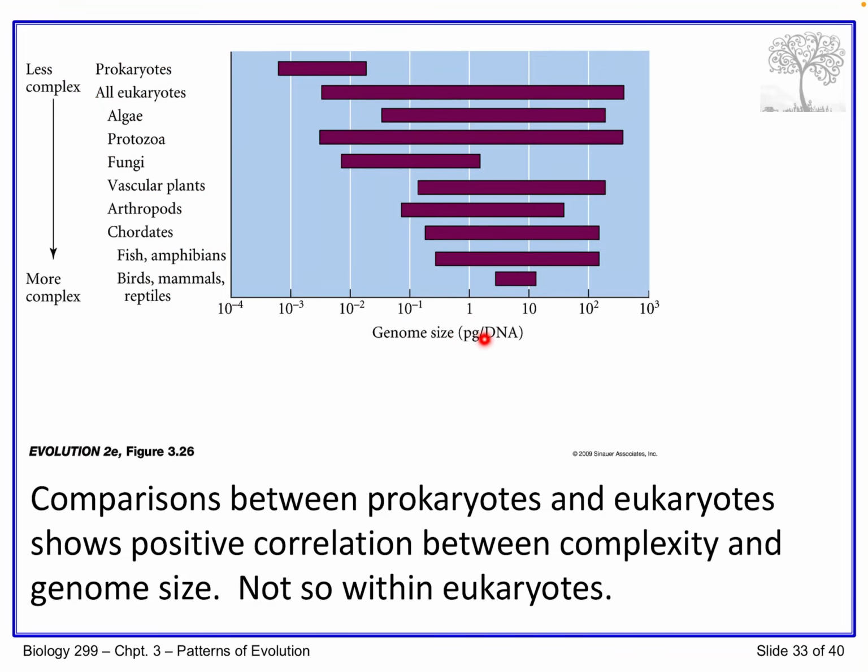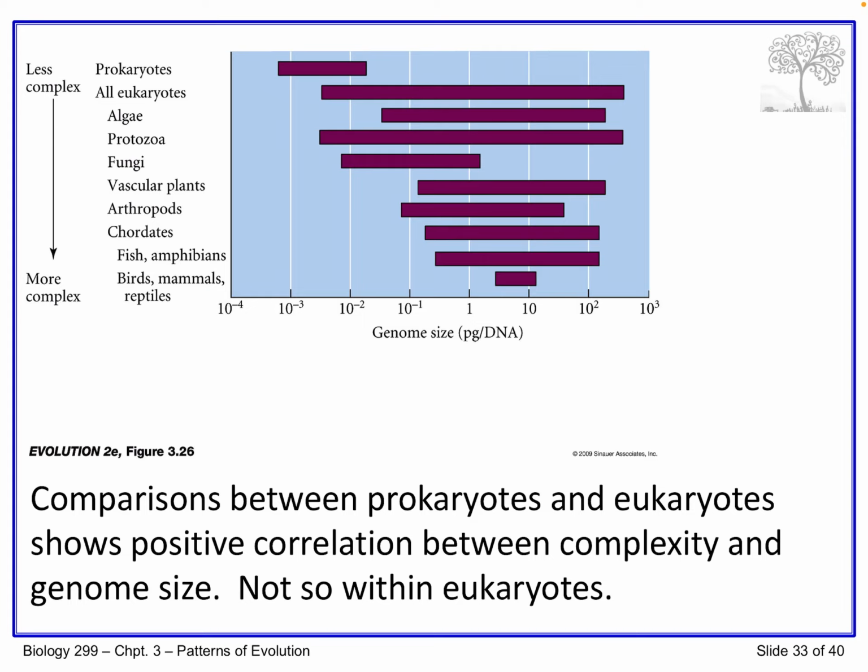If we take a look at this figure, we can see genome size in picograms of DNA on the x-axis, and on the y-axis we have organisms from less complex at the top to more complex at the bottom. This is phenotypic complexity.